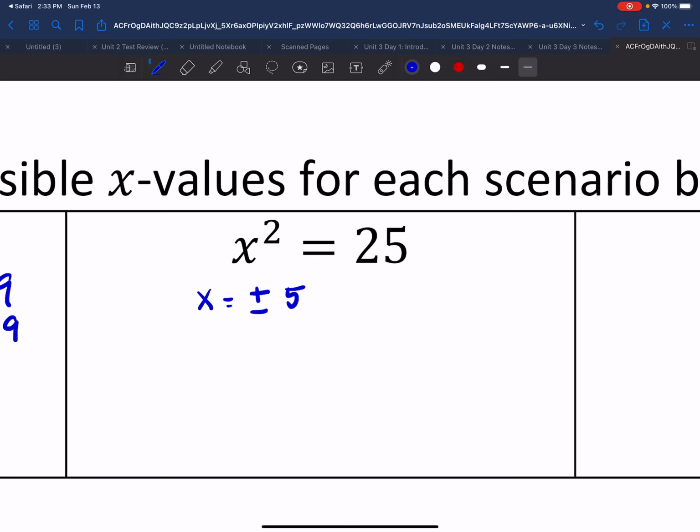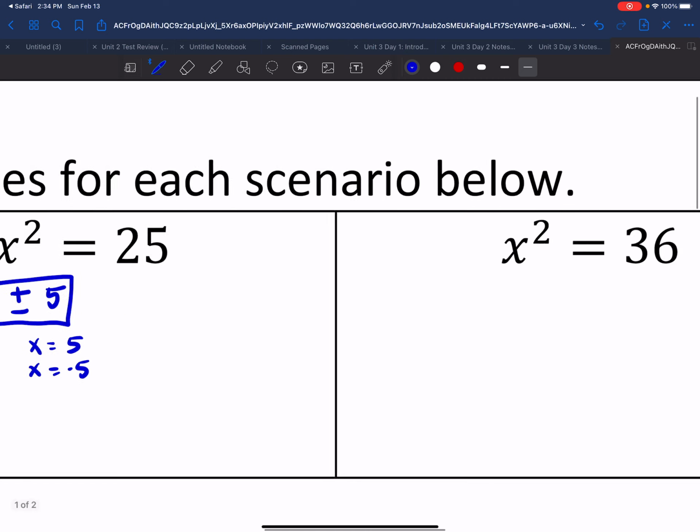If you don't know this notation, it's the same thing as saying x is equal to positive 5 and x is equal to negative 5. It's basically the same thing, but I'm making it shorter for me and using less ink. This is sufficient.